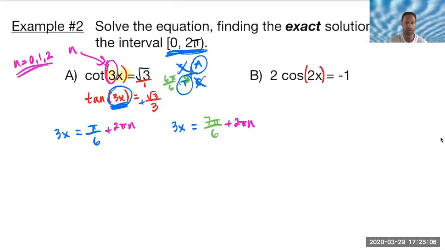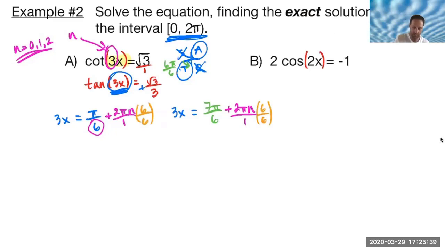We don't need the first 2 pi or 360 rotation around because we already have that first angle of pi over 6. So in order to do this, I'm going to have to do a couple of things. One, I need a common denominator. So I'm going to put all this over 1, and then I'm going to do the same thing over here. I'm going to multiply this by my funny looking 1, which in this case would be 6 over 6.